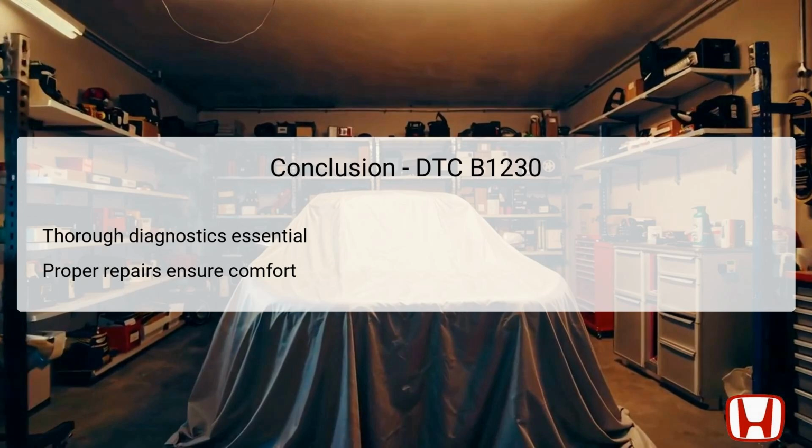Through detailed diagnosis, technicians can identify potential wiring issues, connector faults, or sensor malfunctions. Properly implemented repairs ensure the efficient operation of the climate control system, enhancing passenger comfort and the overall driving experience. Regular maintenance and proactive inspections play crucial roles in preventing the recurrence of this DTC, ultimately leading to a reliable and comfortable vehicle for all occupants.